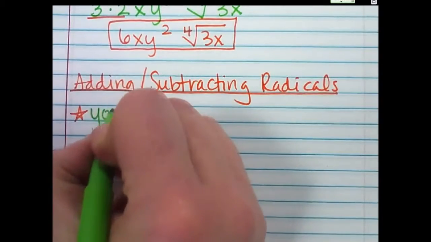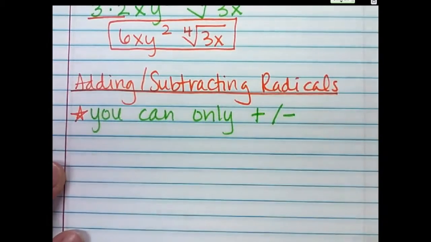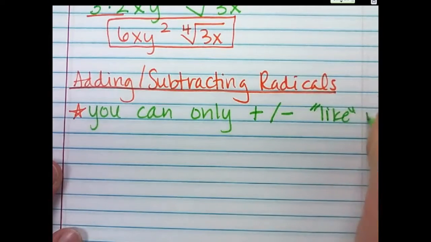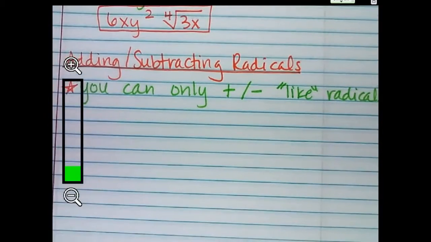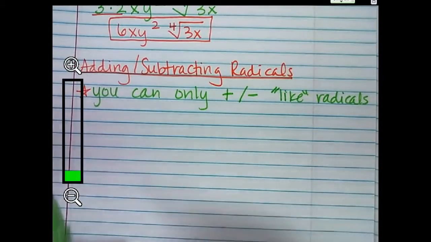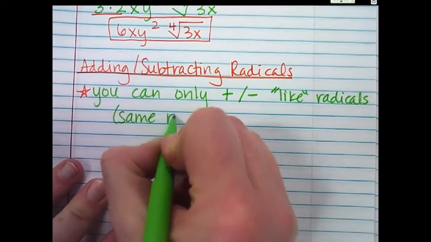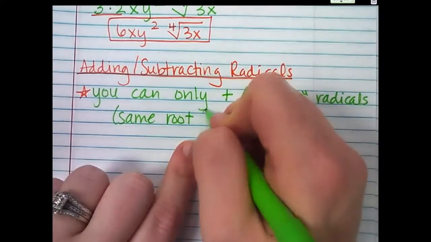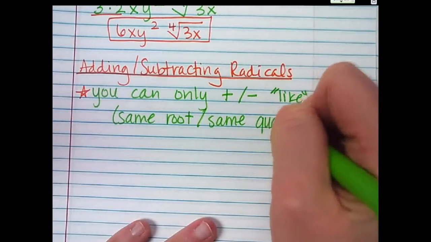You can only add and subtract like radicals. And so what that means is the same root. So it could be a square root and a square root, or a cube root and a cube root. Same root, and then same quantity, which is what's under the root.